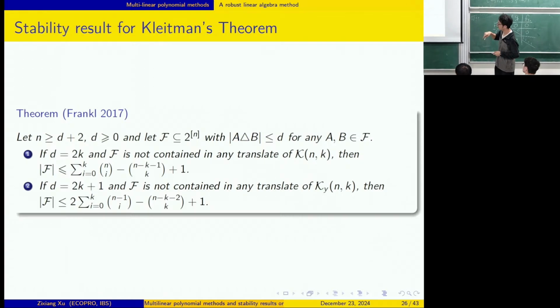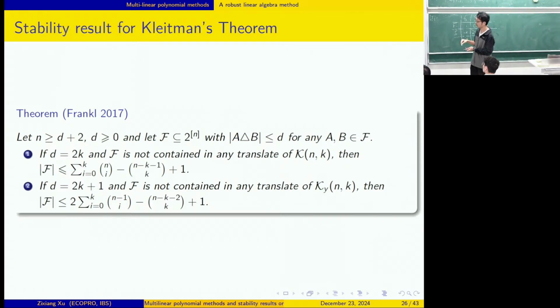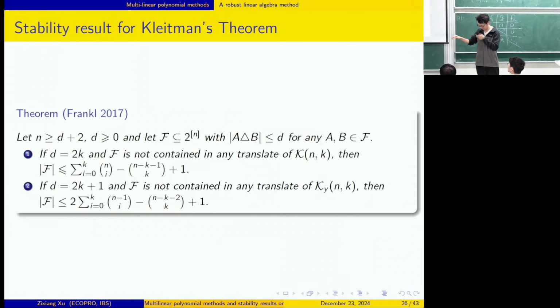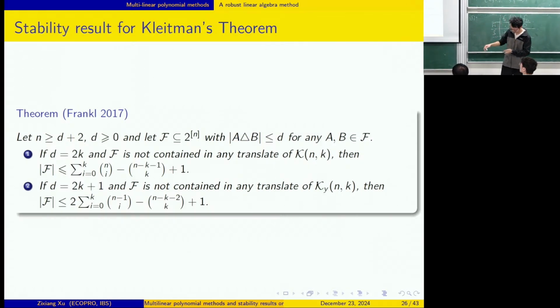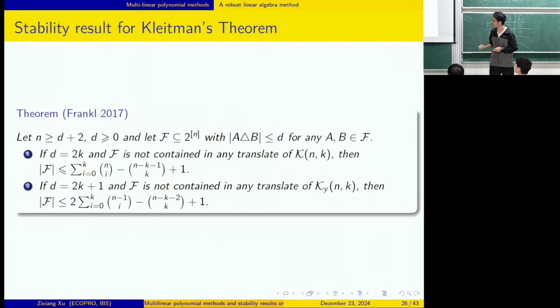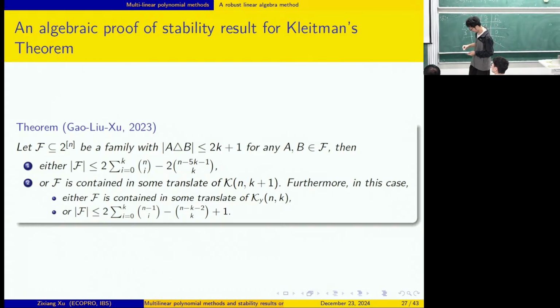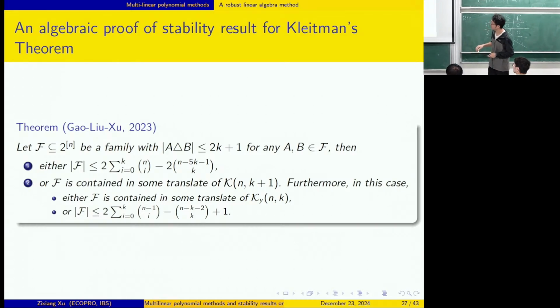The proof of this result is purely combinatorial, and it also takes advantage of another stability result, of the Katona theorem, also proved by Frankl. Two years ago we proved a similar version, with a slightly different quantitative bound.